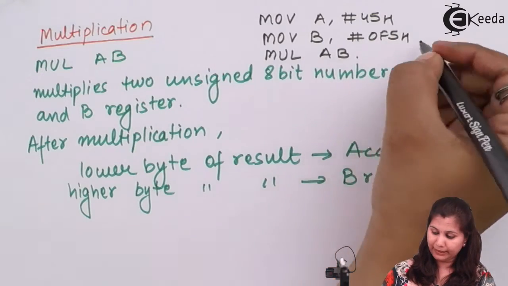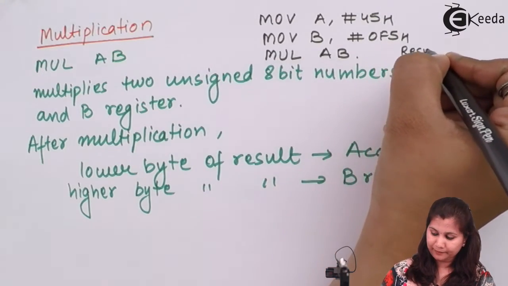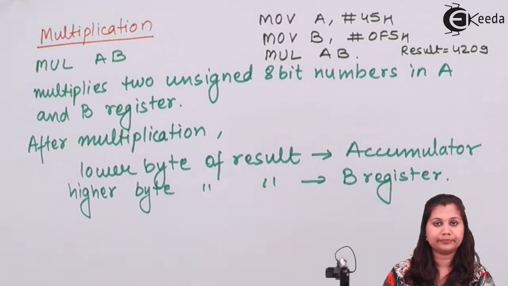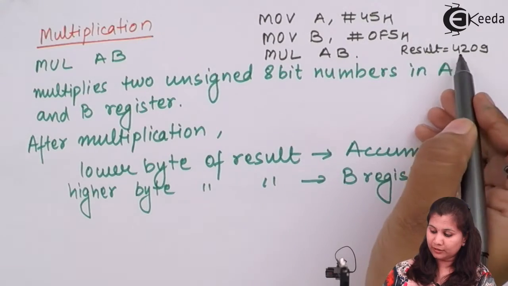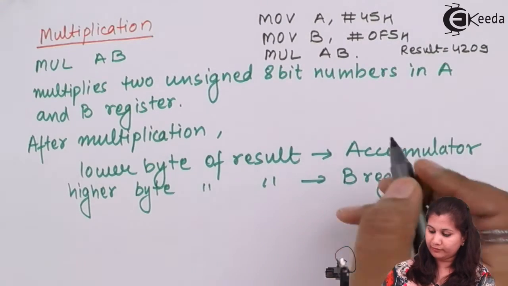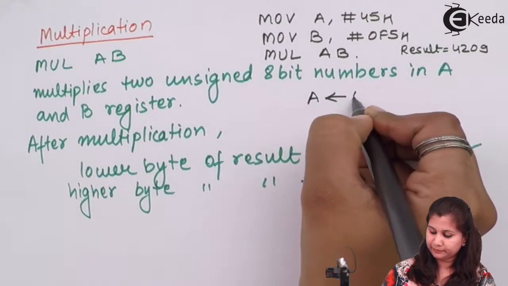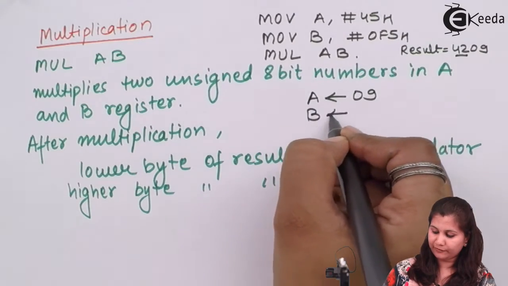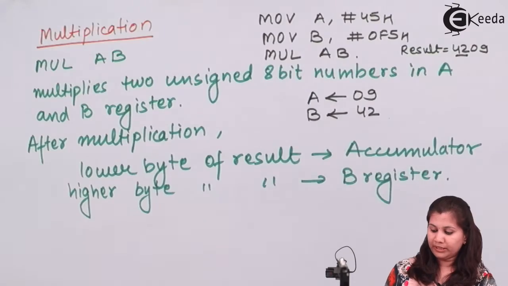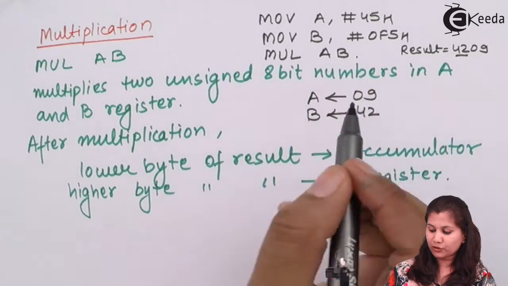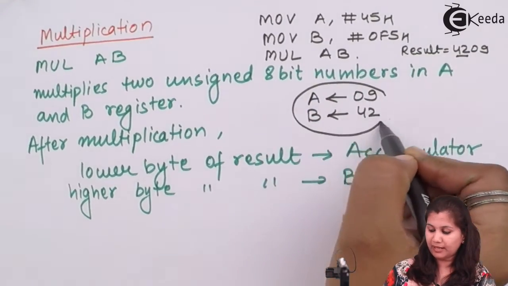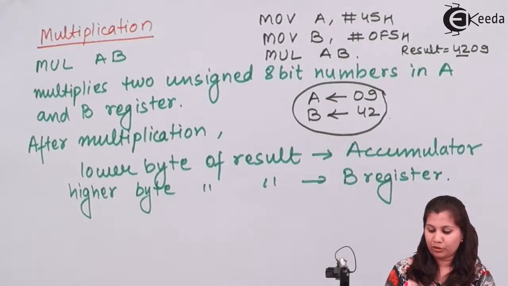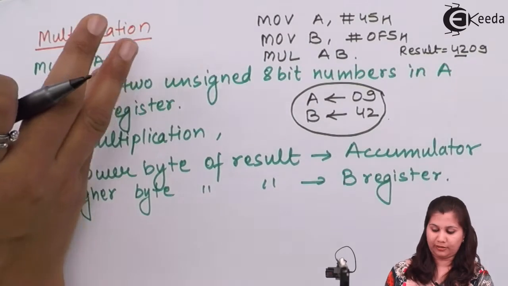When they are multiplied, the result is 4209. The lower byte, 09, will be stored in the accumulator, and the higher byte is 42, so the B register will have 42. In this way, when two 8-bit numbers are multiplied, we get the complete answer in the A and B registers. So that is multiplication.